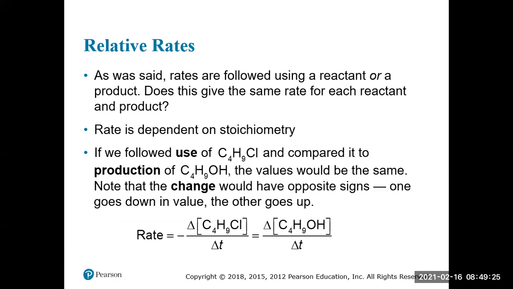Based on that, we know that as the butyl chloride goes down, that's this delta butyl chloride molarity divided by delta T. So as butyl chloride decreases with time, we have an increase in the butanol with time. Because of that, the rate for the butyl chloride will be negative since that's going down in concentration, and the rate of the butanol is positive because that's what's being formed.